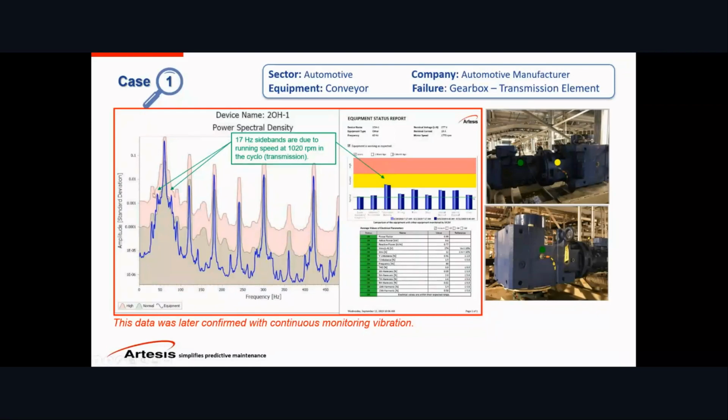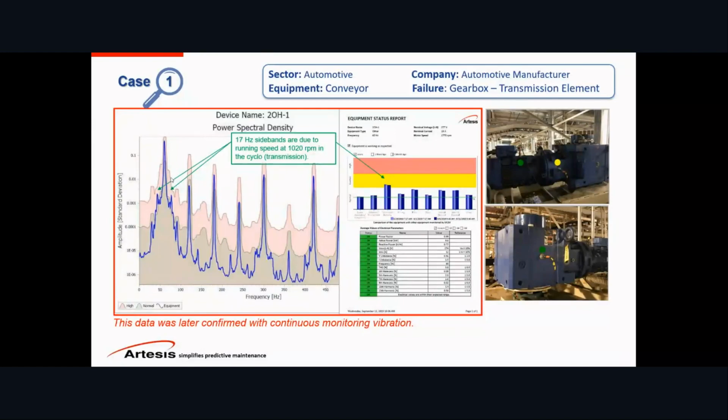As we can see here, those issues were 17 hertz plus and minus the line frequency, which was 60 hertz. This was in the United States. So the running speed of 17 hertz would be equal to 1020 RPM, which was the rotating speed in the gearbox. So that was the issue that we detected.